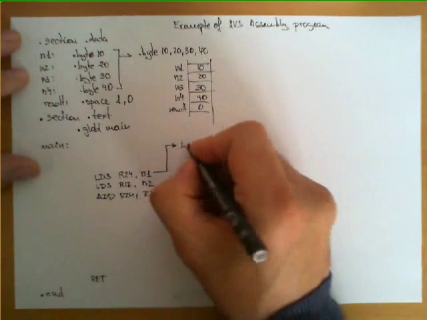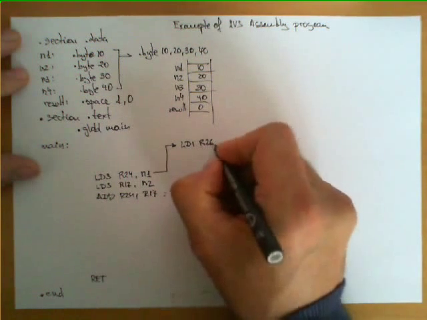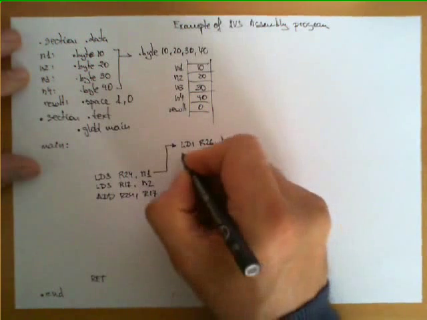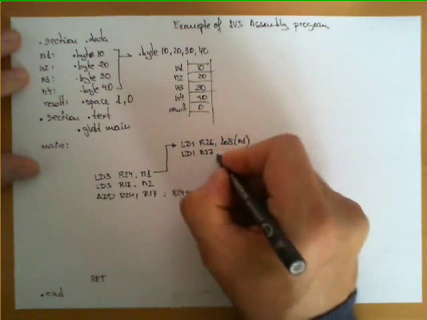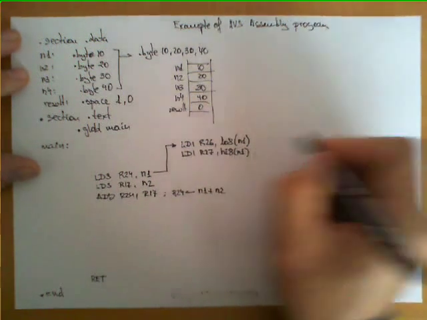Suppose that I first load the immediate in R26, LDI R26, LO8(N1), and next to this LDI R27, HI8(N1). What have I done here?